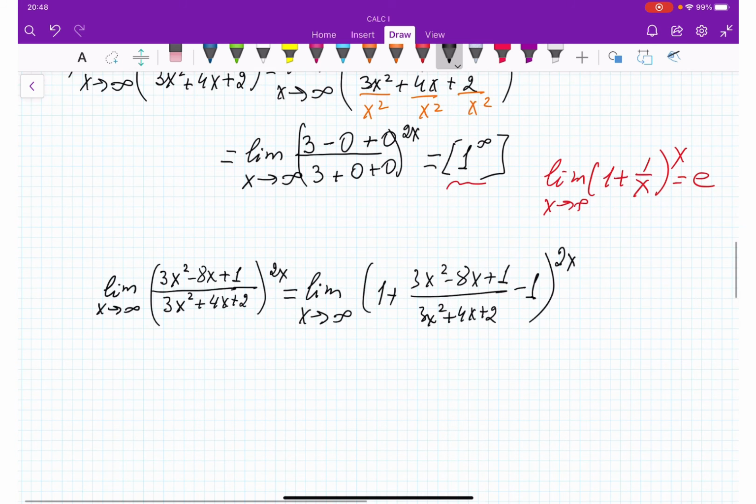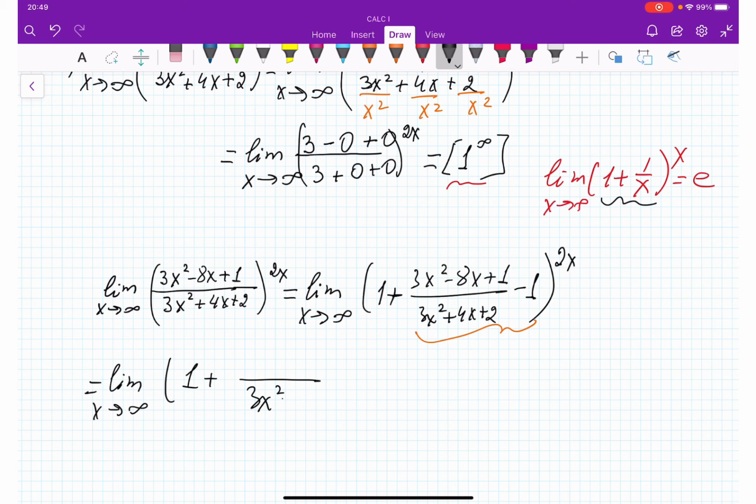To get this format 1 plus 1 over x, I'm going to bring these two to a common denominator, and I will have 1 plus a fraction. So this is equal to limit as x approaches infinity, 1 plus, let's do it, the common denominator is going to be 3x squared plus 4x plus 2.